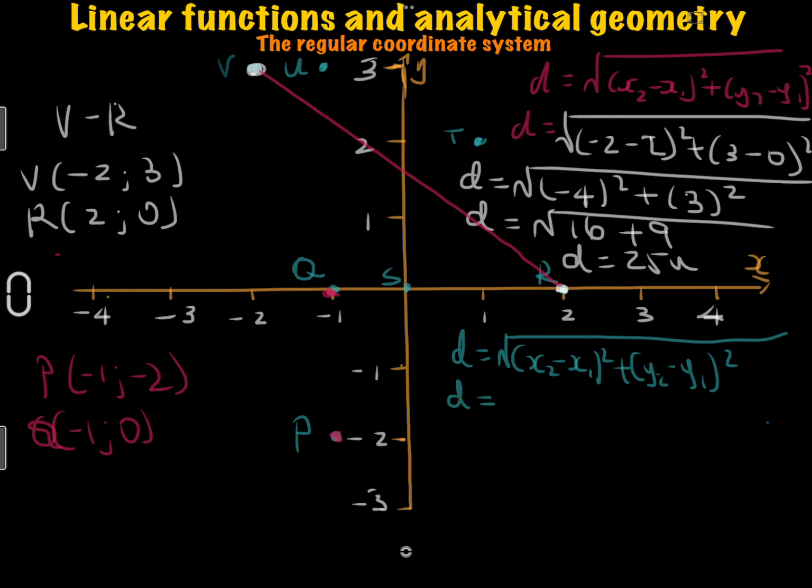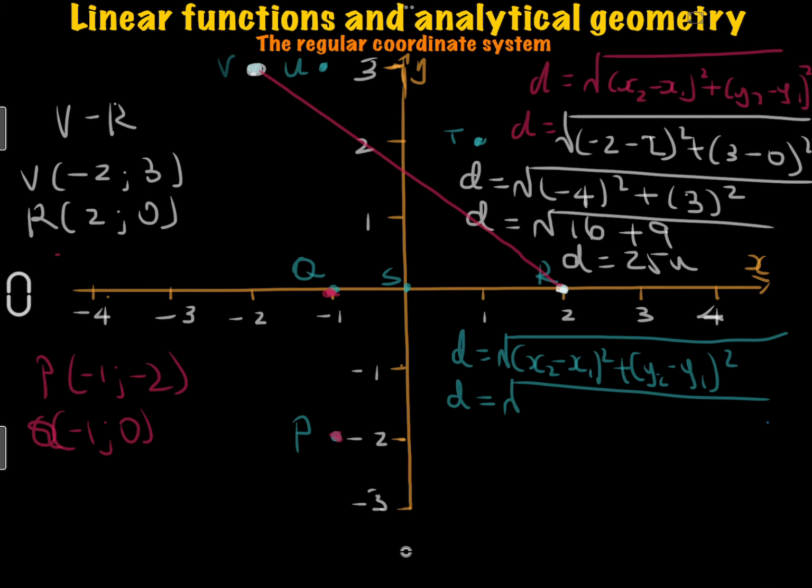D is for distance. You can take any variable that you like; in this case, you can start with P or Q, either way. It doesn't really matter. It will still yield the same answer.